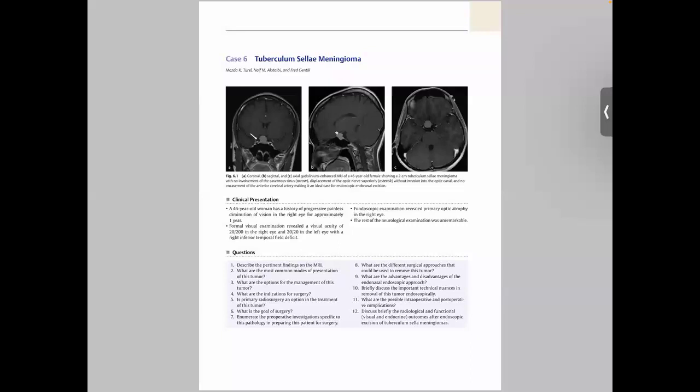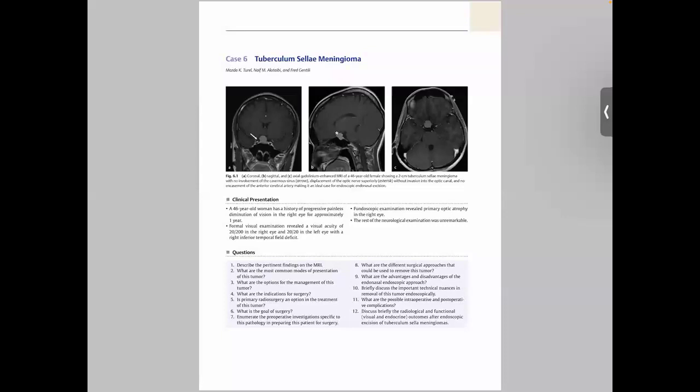The lesion seems not to be extending so far superiorly to the hypothalamic and third ventricular regions, and doesn't seem to be extending laterally to the ICAs. Neither does it seem to be extending inferiorly into the sphenoid sinus.